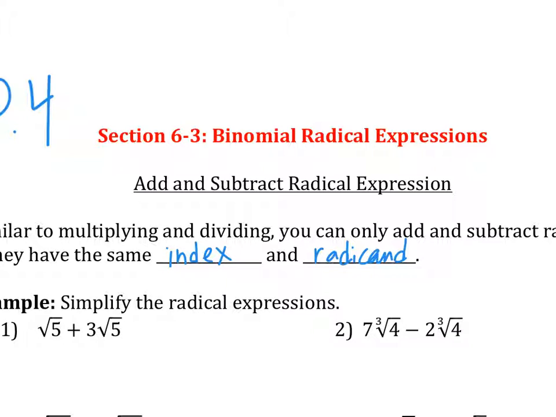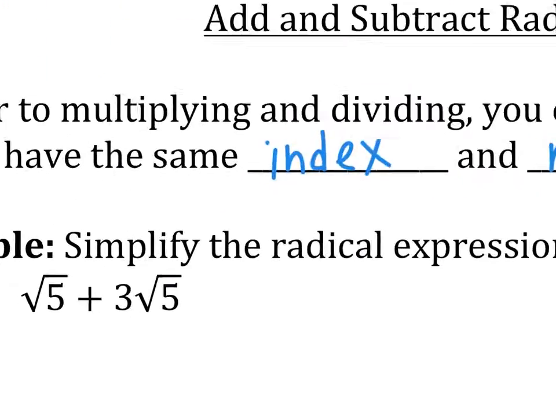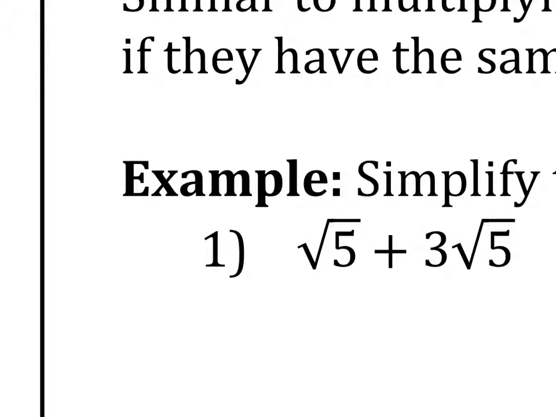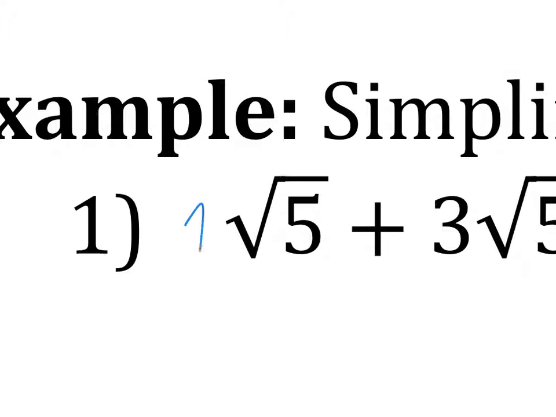All right, let's try the first one. Number 1: square root 5 plus 3 square root 5. Do they have the same index? Yes. Do they have the same radicand? Yes. Can we add them together? Yes. The way we add them is we just add the coefficients. Just think of it as 1x plus 3x.